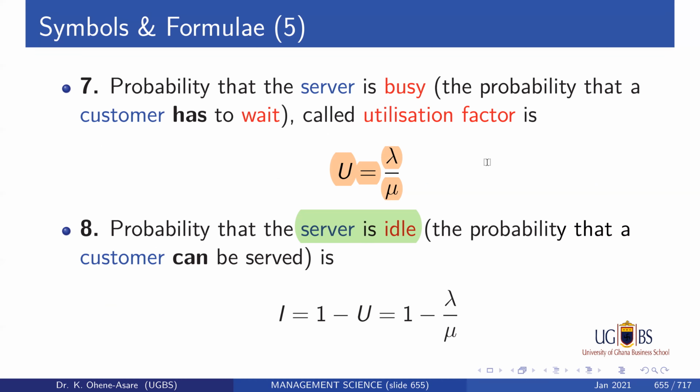So remember that U has been given. Now, if U has been given, I can ask you to find the lambda, the arrival rate, or the mu, which is the service rate. It's just cross multiply, and you will find one of them. If one of them is given, you can find the other.